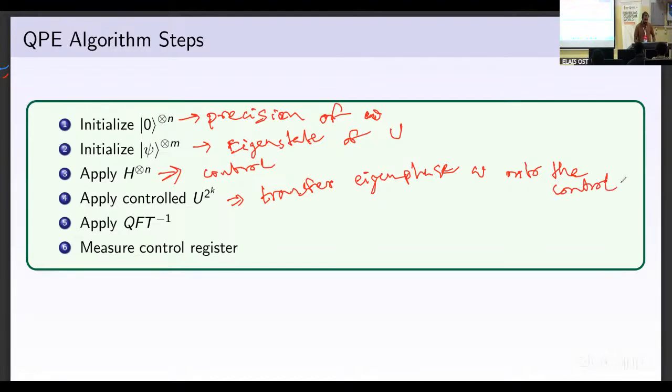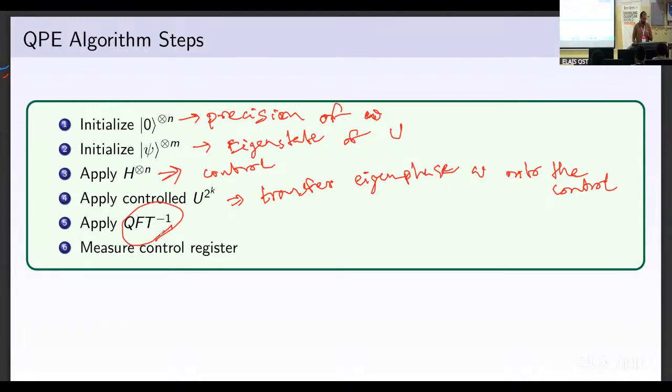And finally, when we have all the eigenphases corresponding to each of the qubits, since it's in a binary format, we have to take it back to the computational basis. So this is like a reverse of a quantum Fourier transform, which is why we call it the QFT inverse.